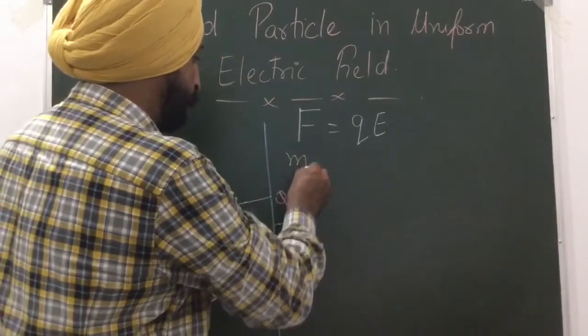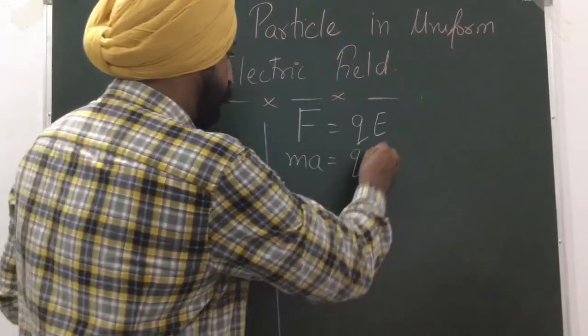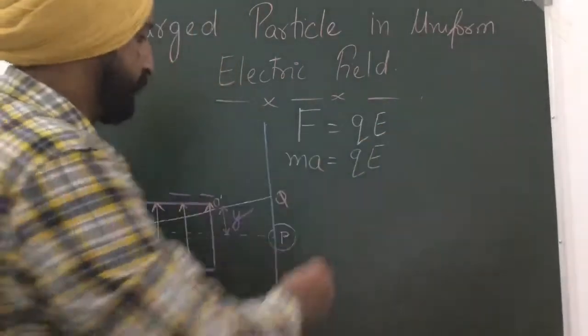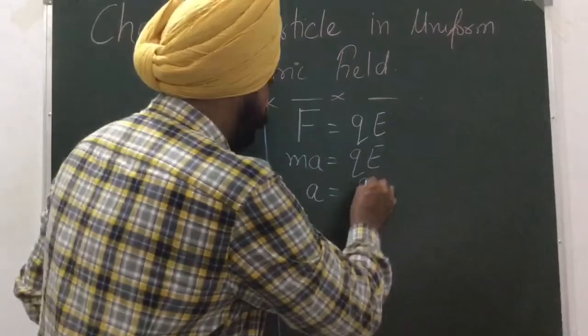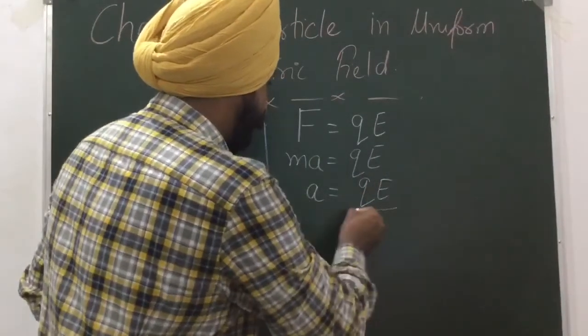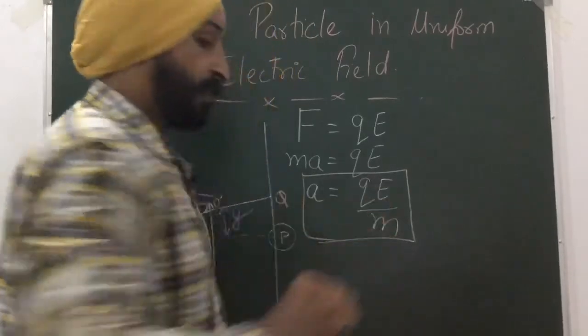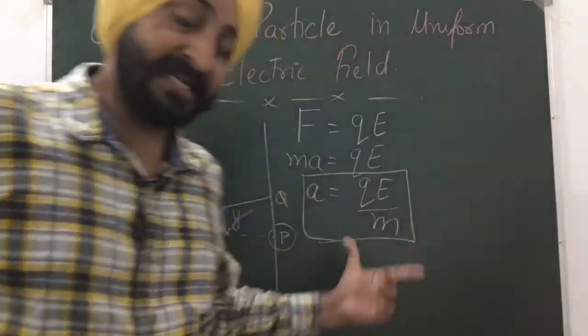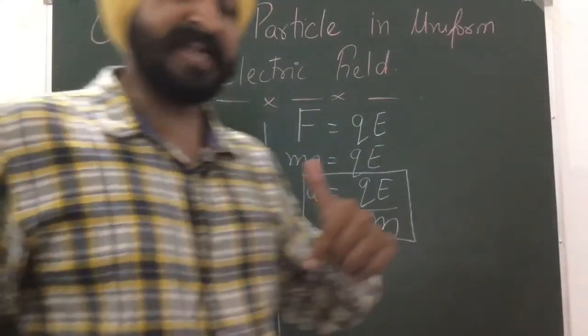Force is mass into acceleration. So we can write mass into acceleration is equal to Q into E. From here we can calculate the value of acceleration, and that will come out to be charge into electric field divided by mass. So this will be the formula for acceleration. This will be the acceleration that this charge particle will experience.